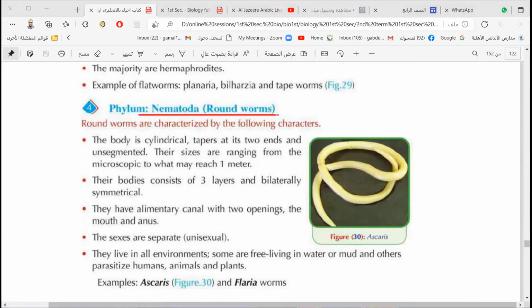Round worms. This is the answer. Round worms or nematoda, they have a cylindrical body, tapers at the 2 ends, unsegmented. The answer here is nematoda, like Ascaris. الديدان الأسطوانية.